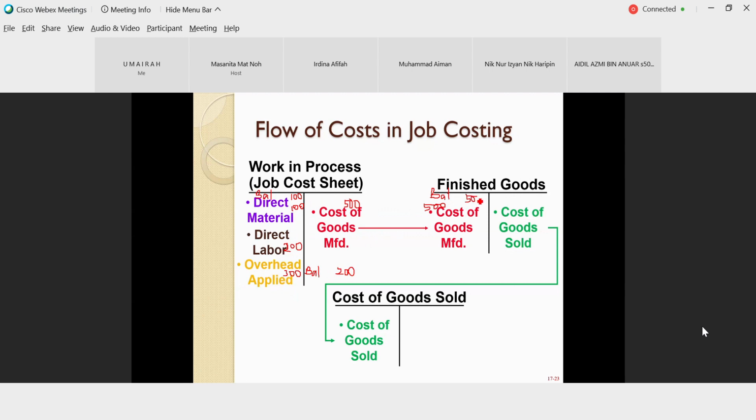Dan 500. So altogether 1000 kan? 1000 tapi yang terjual hanya 800 for example. So you ada baki kat sini 200 kan? Okay. 200. So maksudnya yang terjual berapa? 800 kan tadi saya kata. Jadi yang masuk dalam COGS kat sini ialah 800.